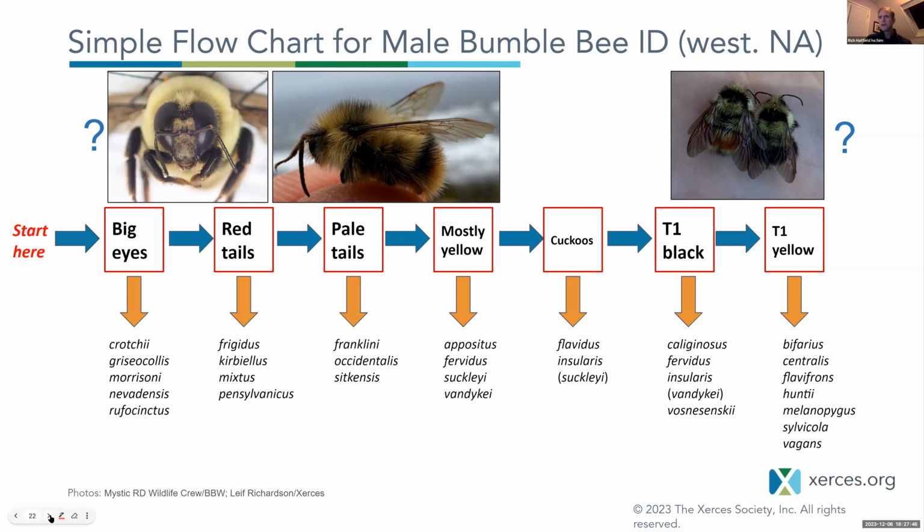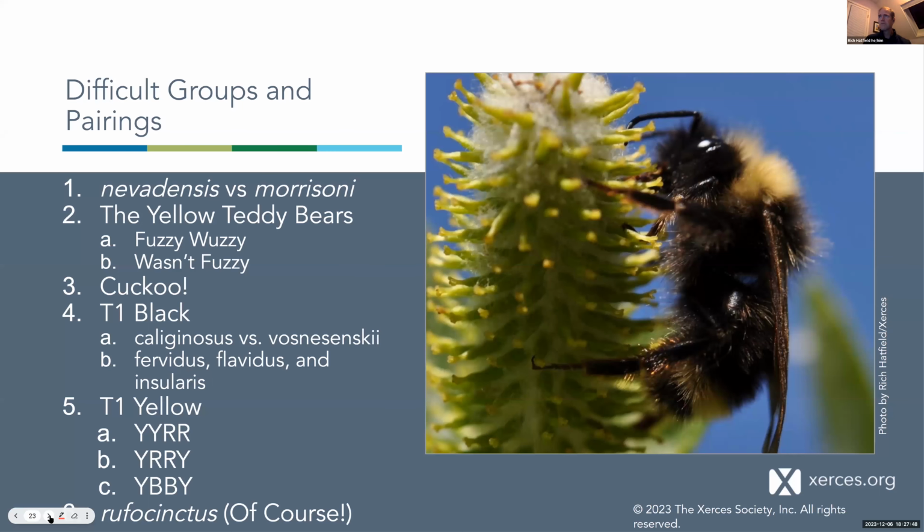We are going to start with Nevadensis and Morrisoni, and then we're going to talk about the yellow teddy bears, the fuzzy wuzzy yellow teddy bears and the ones that have longer hairs than others. Then we'll talk about some cuckoo bees, those with T1 black, some with T1 yellow, and then we'll talk about Rufosinctus, which of course, as the females, are in a category of their own.